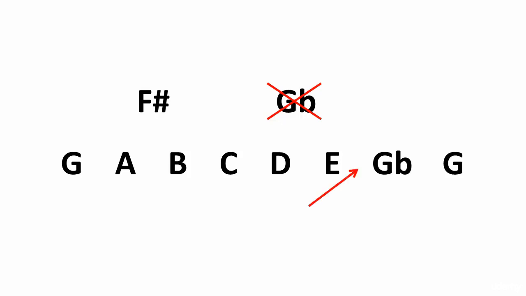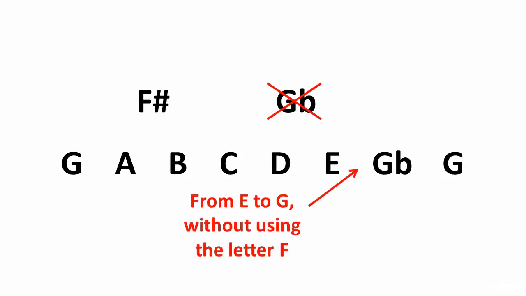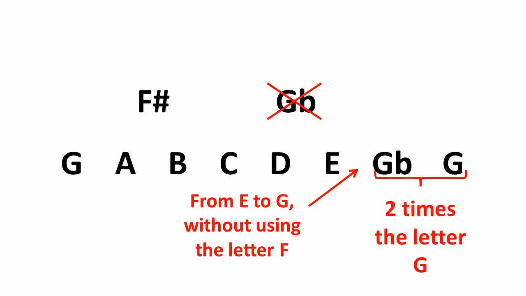We went from the letter E directly to the letter G. Now, I didn't say G, I said G flat, but G flat still contains the letter G. So we skipped the letter F. Also, we used the letter G twice, in G flat and in G.